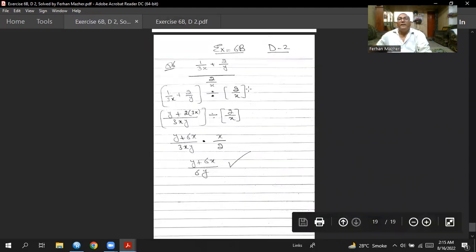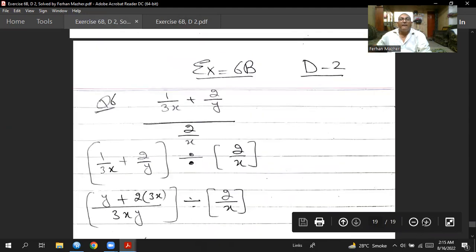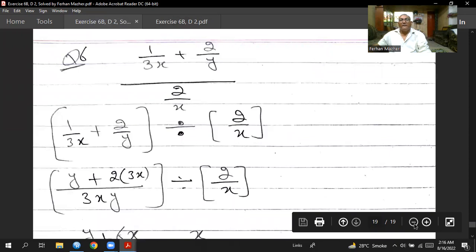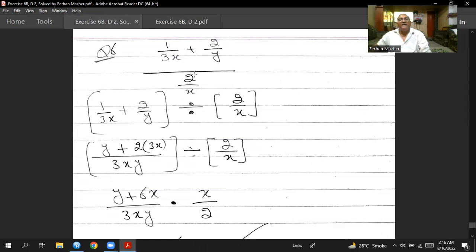Okay, so this numerator I wrote inside the bracket, then this divide, and then this fraction.